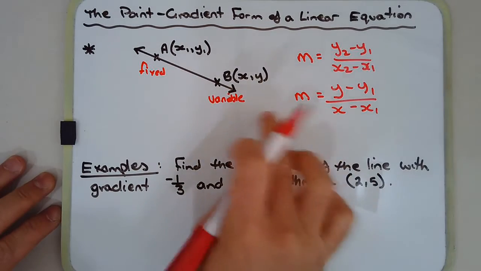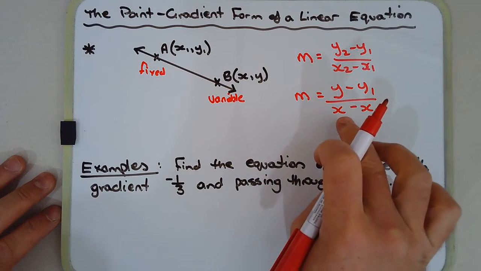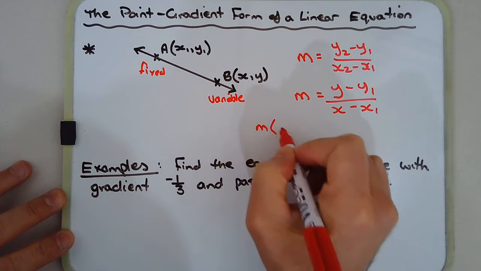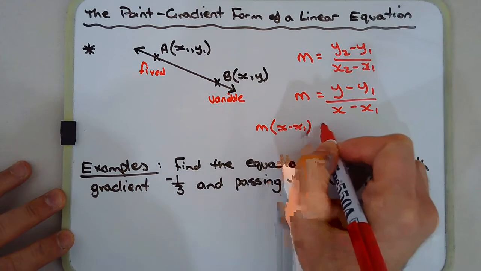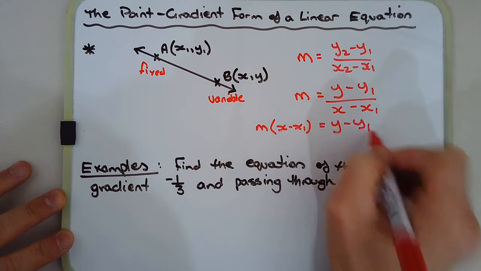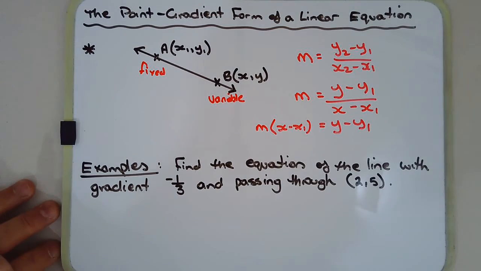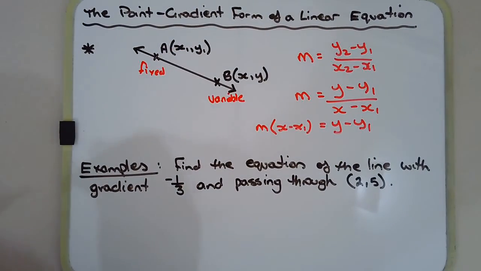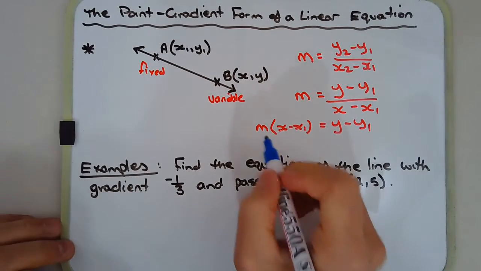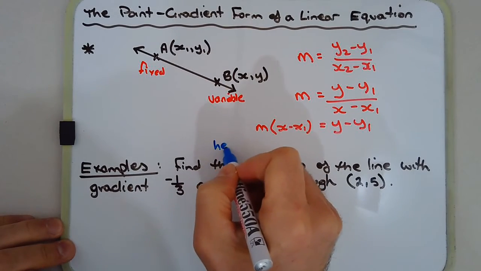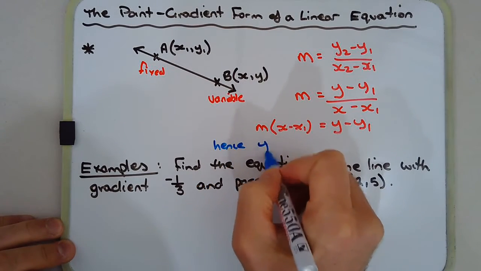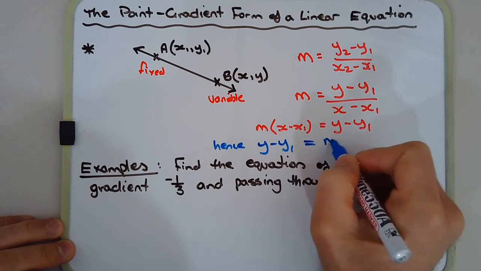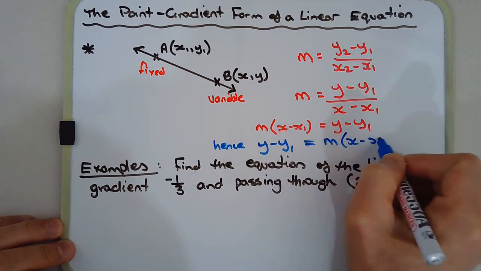Now, if we multiply both sides by x minus x1, what do we get? We get m outside of x minus x1 is equal to y minus y1. Now, if we switch the left-hand side and the right-hand side around, hence we have y minus y1 is equal to m outside of x minus x1.